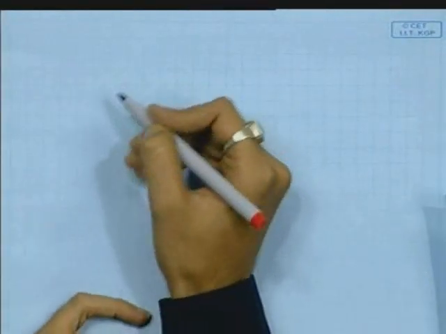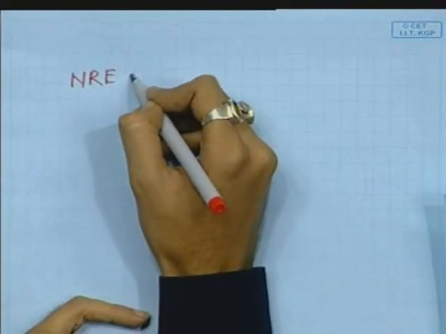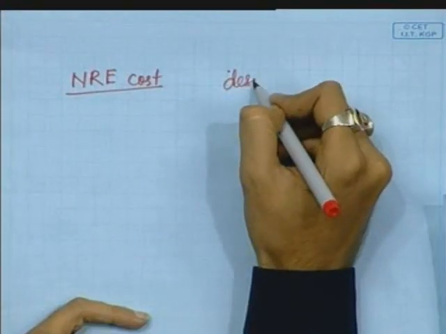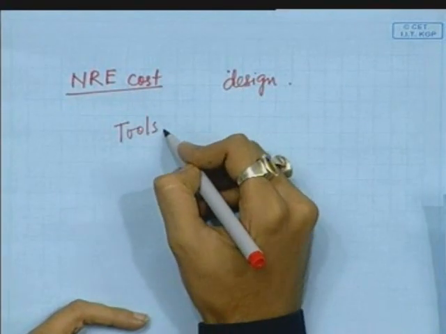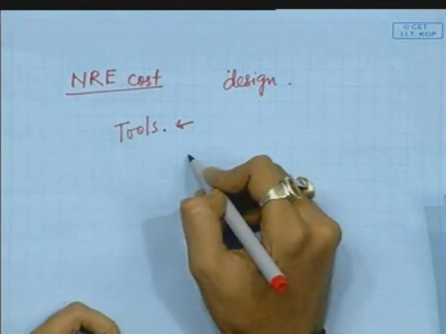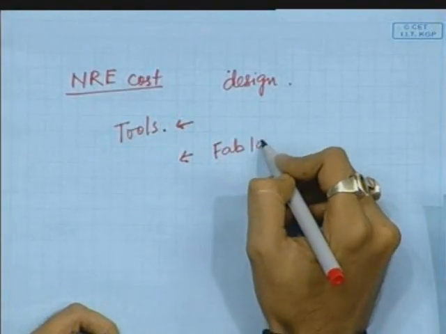How is manufacturing cost reduced? Now, there is a concept called NRE cost. Whenever you go for a design, you require tools, right? You buy the tools once. Then you go for fabrication, meaning you need the fab labs, right?